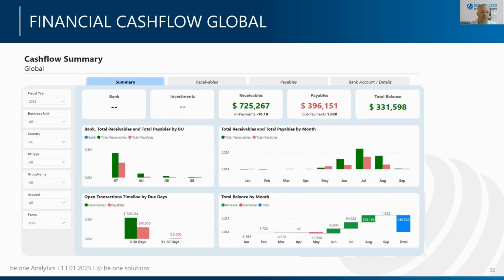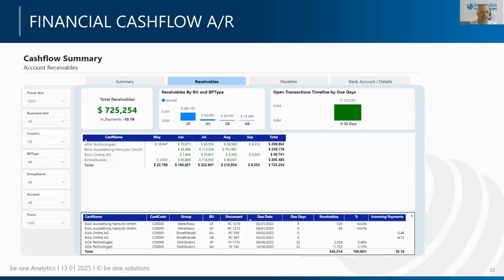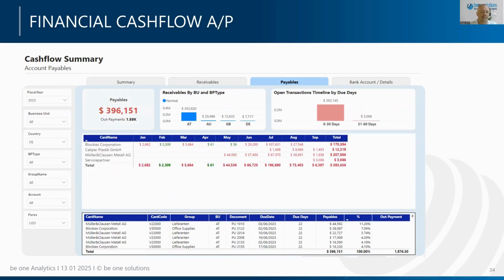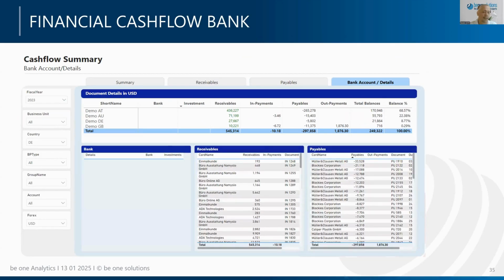We have cash flow slides and cash flow dashboards that show you the AR and the AP side, and also information about the bank. On this slide, you can see that we are taking demo databases in order to create these dashboards.